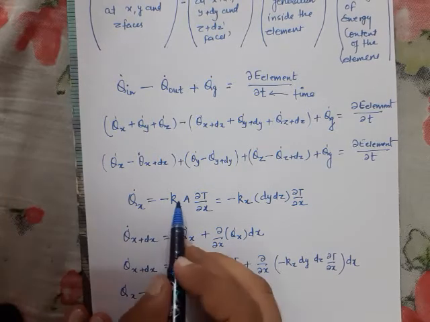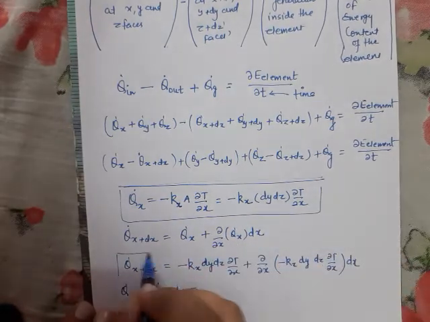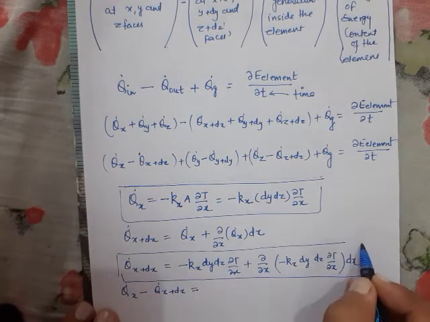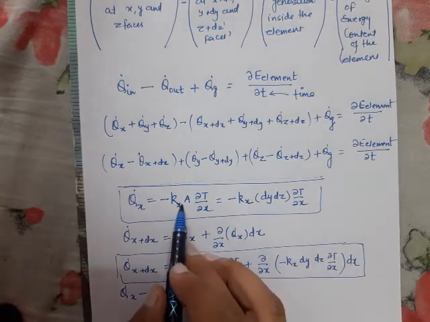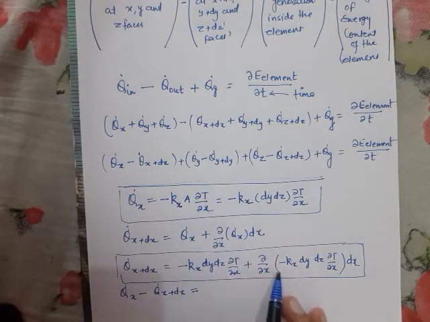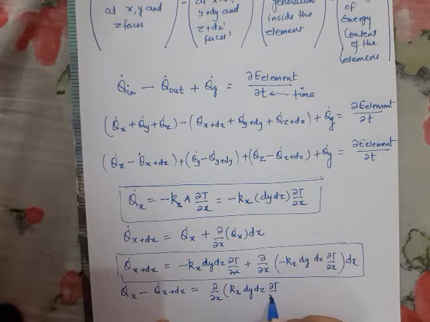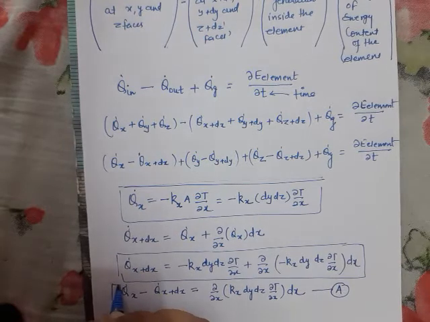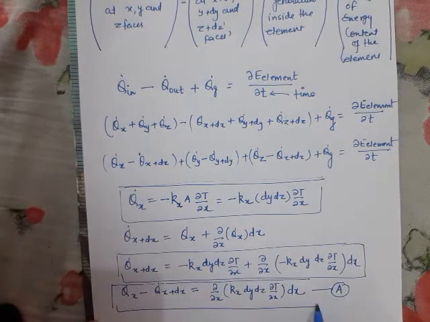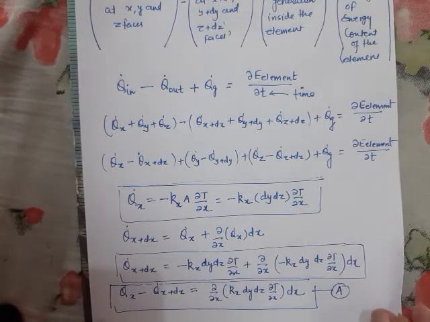Subtracting equation B from equation A, this term cancels out and we get del upon del x of Kx dy dz del T upon del x into dx. This indicates the difference, so I have derived Qx minus Qx plus dx equals this. Now similarly in y direction.